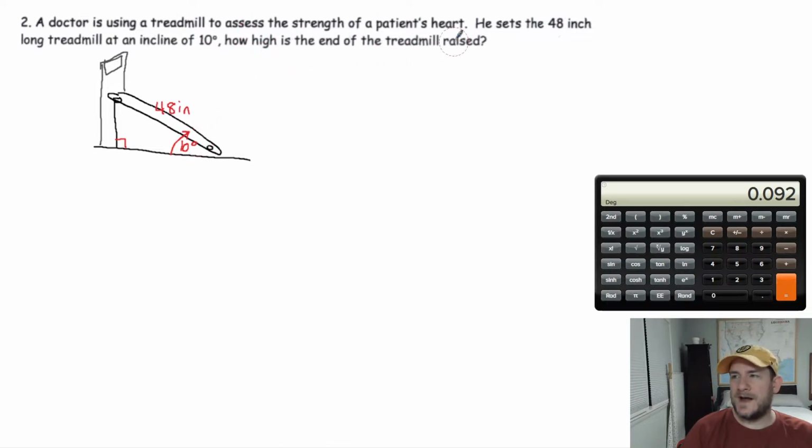It asks how high is the end of the treadmill, so we're solving for this dimension down here, which I'll call h for height. Then you write an equation and solve it. I'm working with opposite and hypotenuse, so this is another sine equation. We'll say sine of 10 equals h over 48, and that means h is sine of 10 times 48.